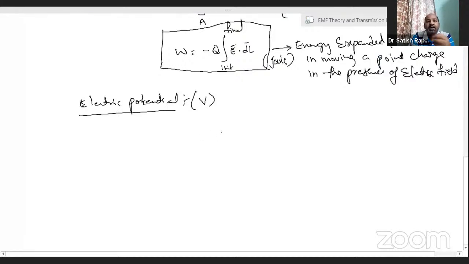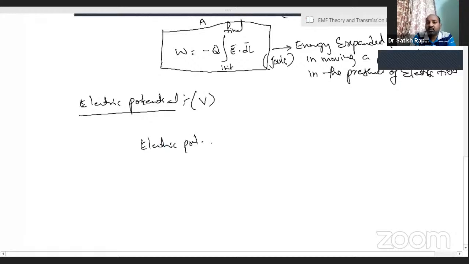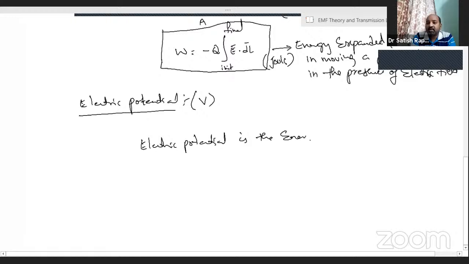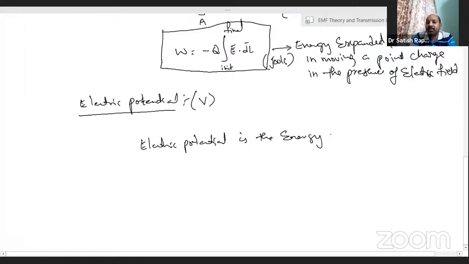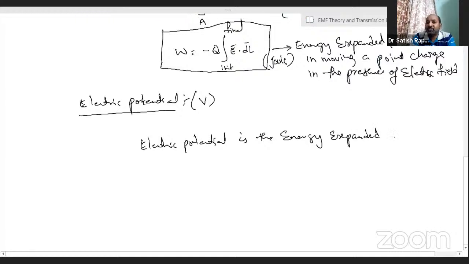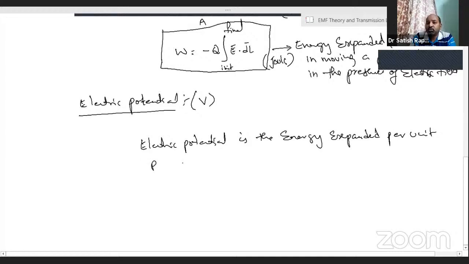Electric potential is the energy expended per unit positive charge.